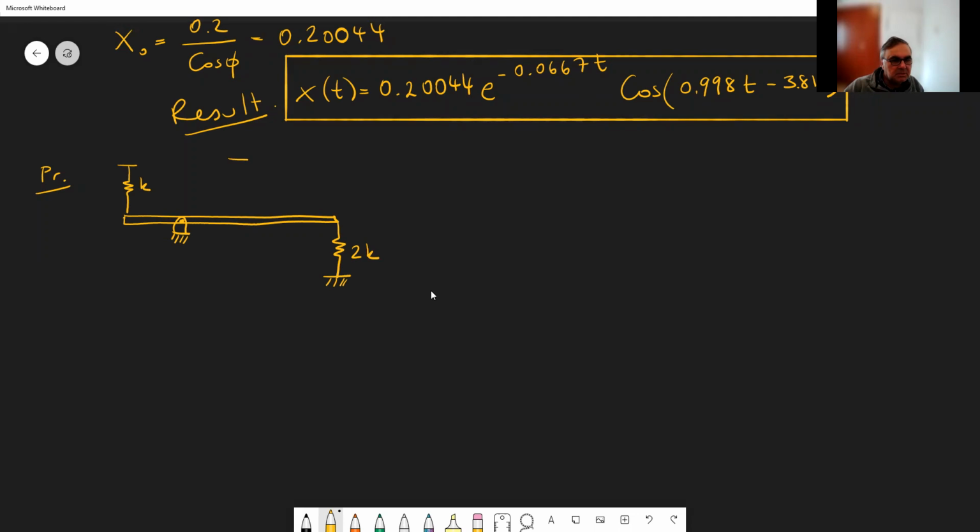And just in the middle, there is the damper.